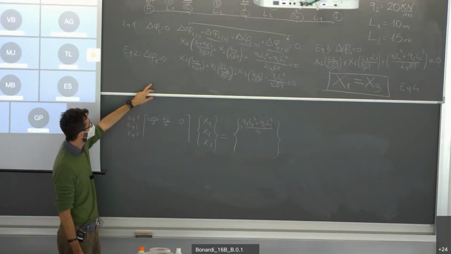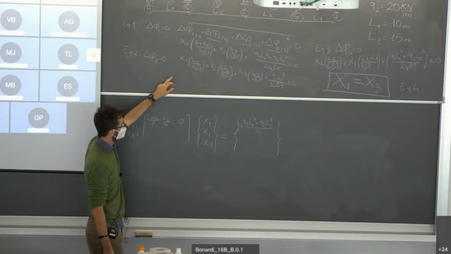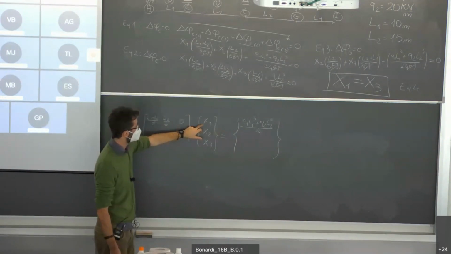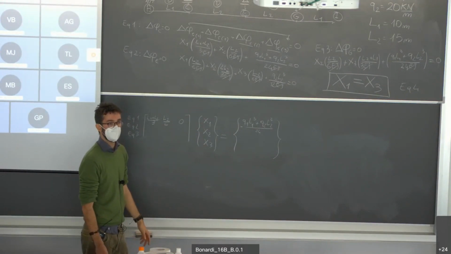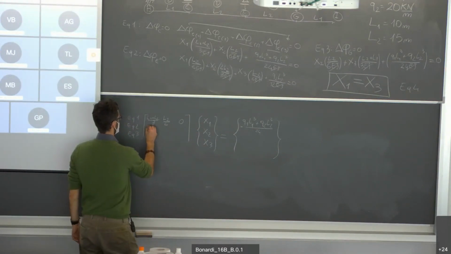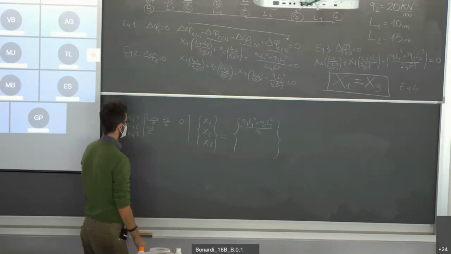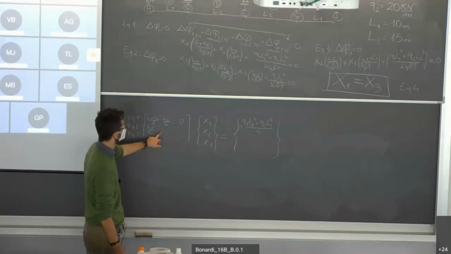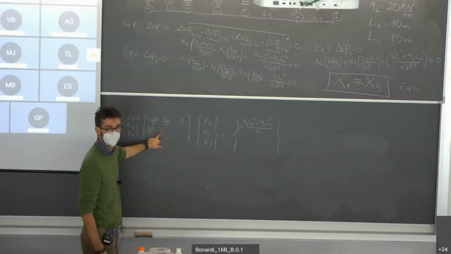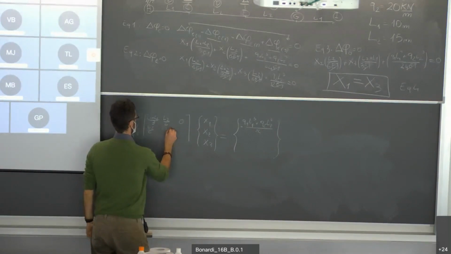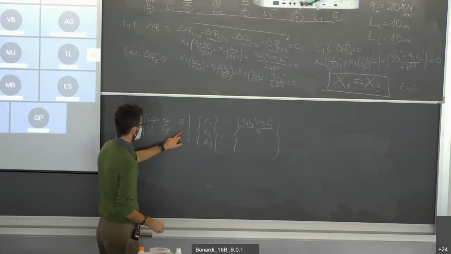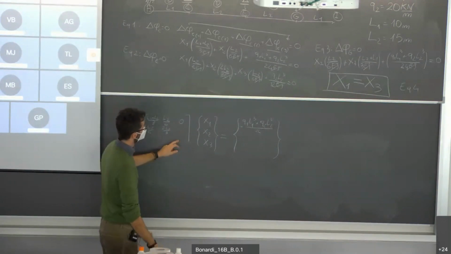In equation 2, I'm looking at it, I'm saying, what is multiplied times the first unknown? Okay, good. Perfect. The second one? Come on, don't be shy. Yep. And the last one? Okay.